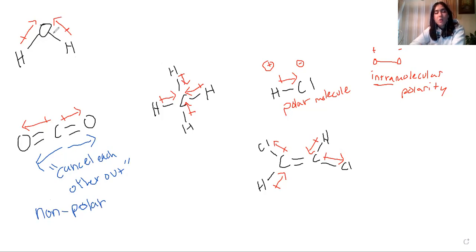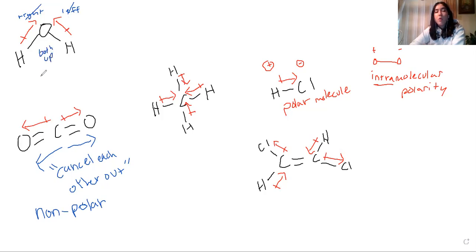So here's H2O. Is this going to be polar or nonpolar? This one's kind of a tricky one, I guess. So we have dipoles and they're going towards the oxygen, right? So this one is going left toward the oxygen and this one's going right. So left and right cancel out, right? But they're both pointing up.